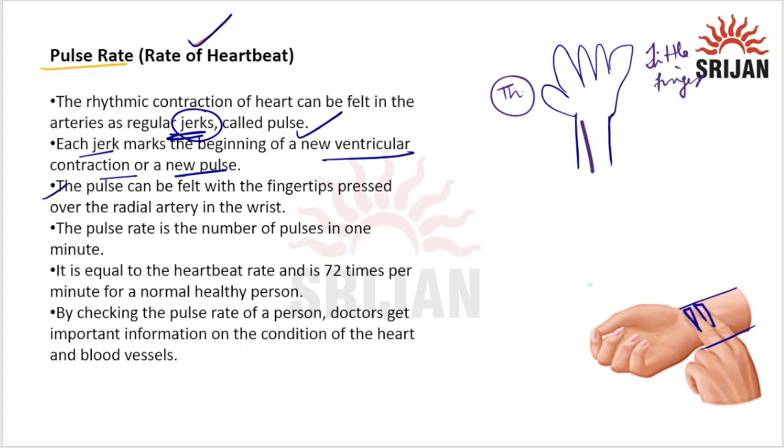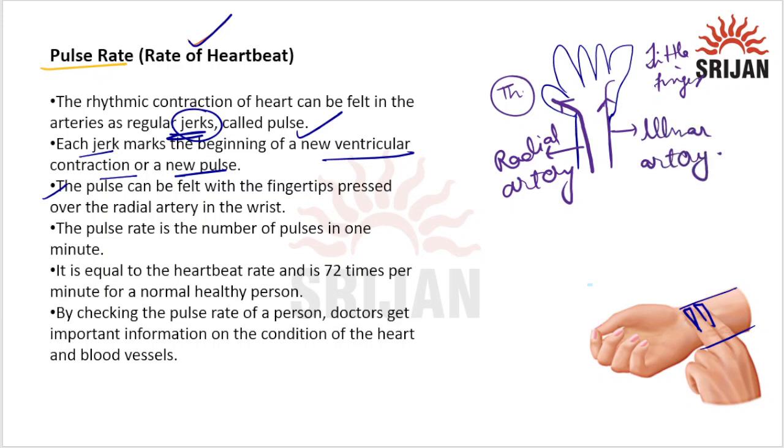The artery on the side of the thumb is the radial artery, and the artery on the side of the little finger is the ulnar artery. You don't use the ulnar artery because it is not palpable, meaning you cannot feel it. But the radial artery you can very easily feel on your hand, so it is used to count the pulse rate.